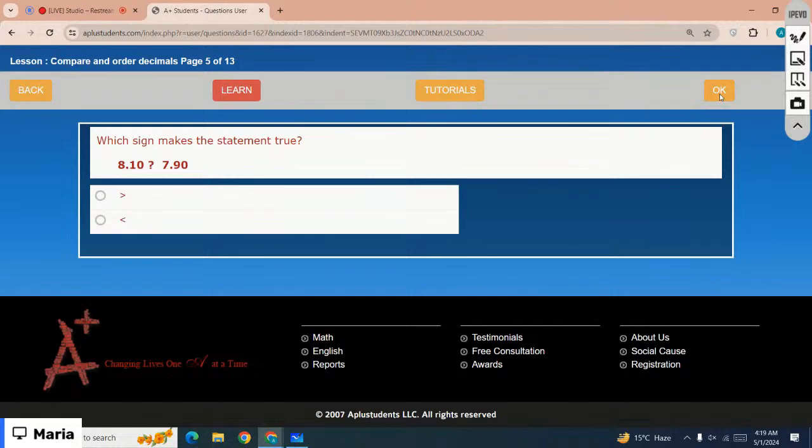So which is the correct option? 8.10 is greater than 7.9. The correct option is greater.